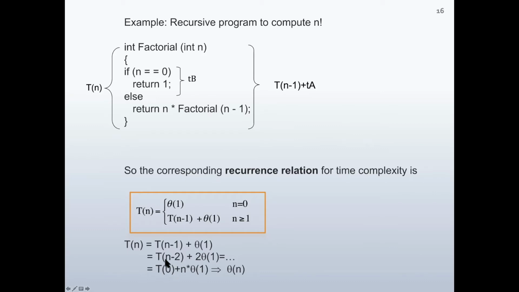In that case, we will have n times theta 1 as the second term. And because the complexity for T(0) is constant, the whole complexity is theta n.